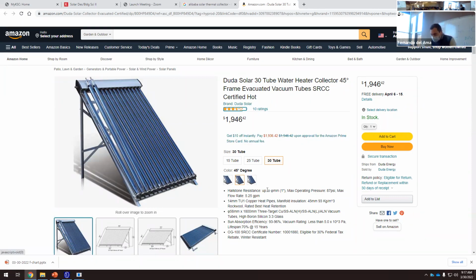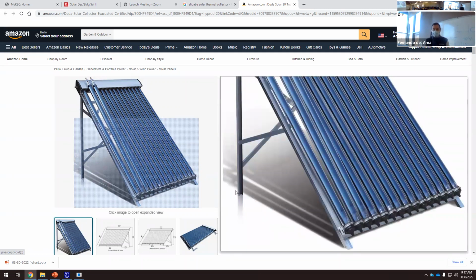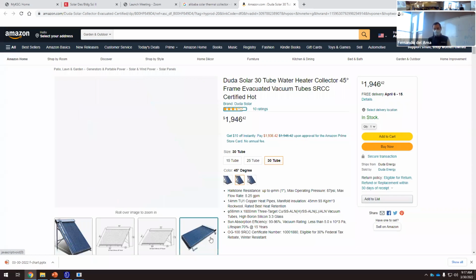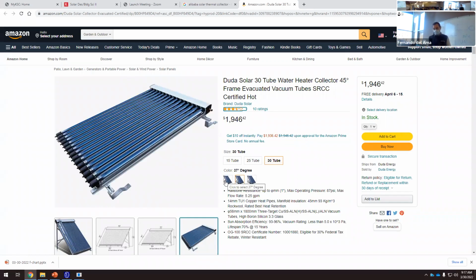We have 15 tubes or 25 or 30 tubes. When we are working with these heat pipes, we are not working with area, we are working with tubes. Anyway, we need to know how many tubes we have in a square foot.